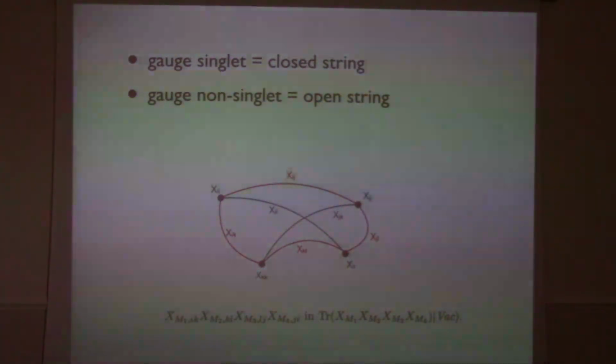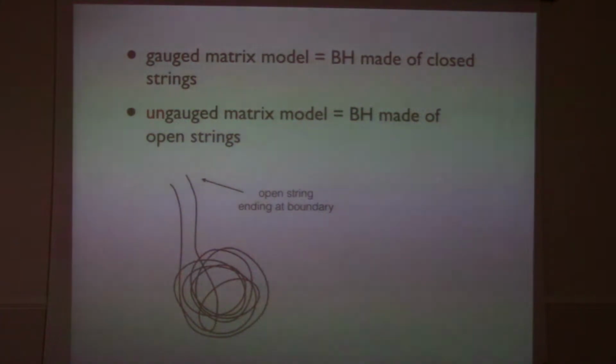So the Hilbert space, this physical gauge singlet state, is described as a closed string made of a bunch of open strings. And if you don't have the gauge singlet constraint, you don't have to consider closed strings only. You can also take open strings into account.